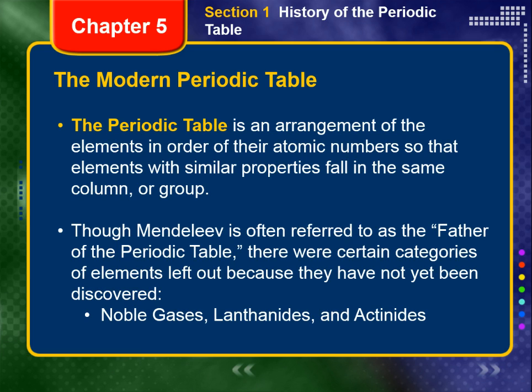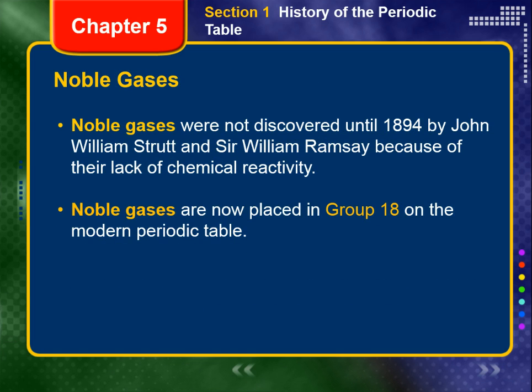Back in 1868, another noble gas, helium, had been discovered as a component of the sun. Studying the emission spectrum of sunlight, in 1895, Ramsay showed that helium also exists on Earth.